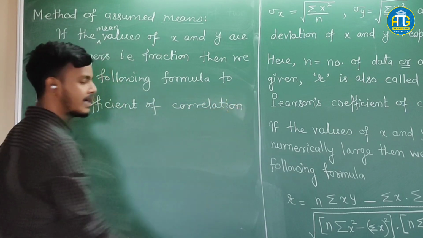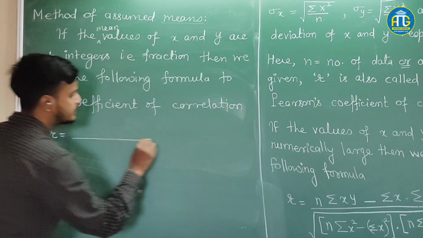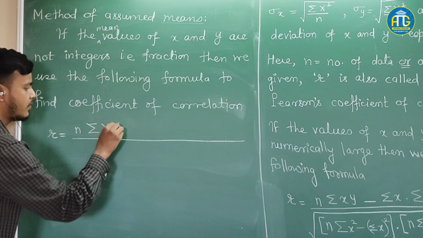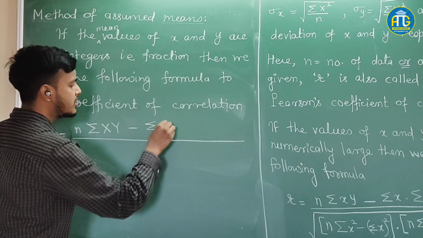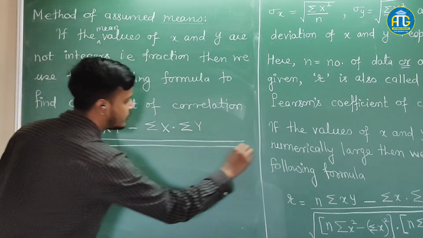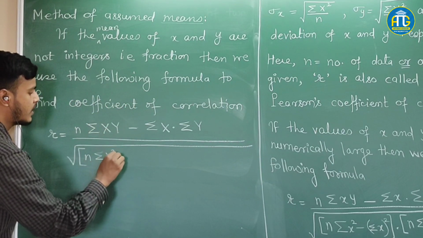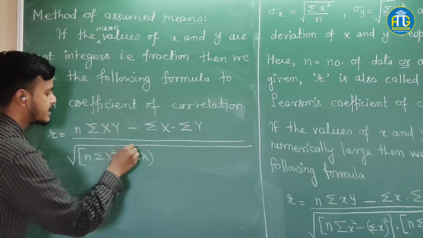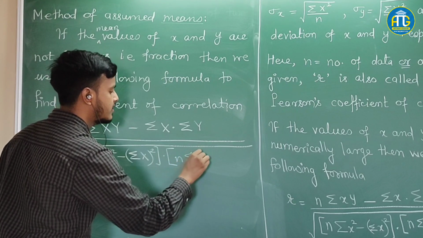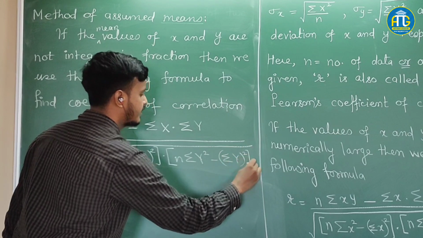And that formula I am writing now. That formula is r is equal to n summation xy minus summation x into summation y upon under root of n summation x square minus summation x whole square into n summation y square minus summation y whole square.